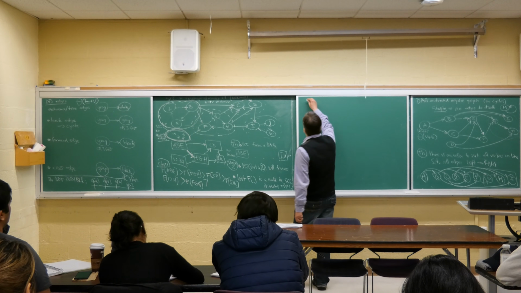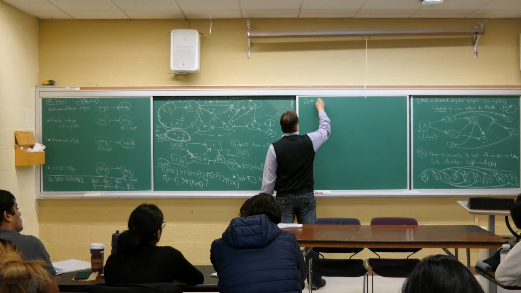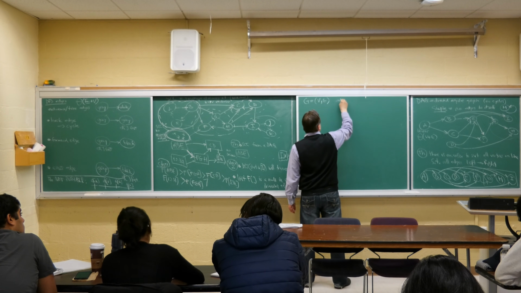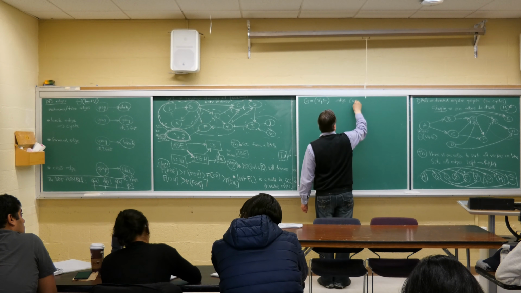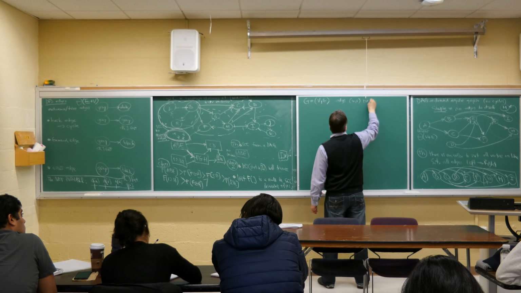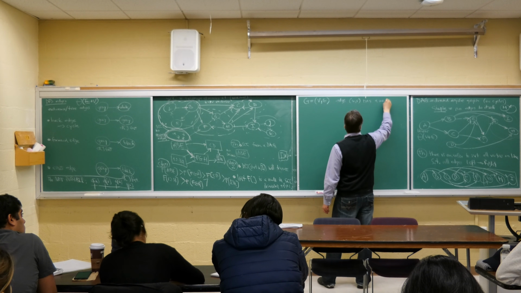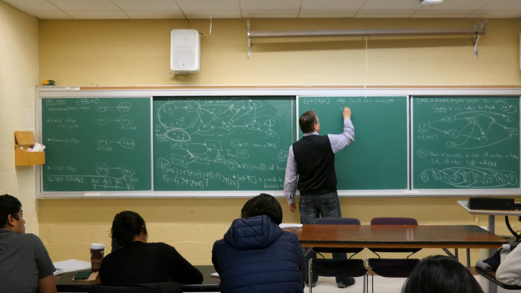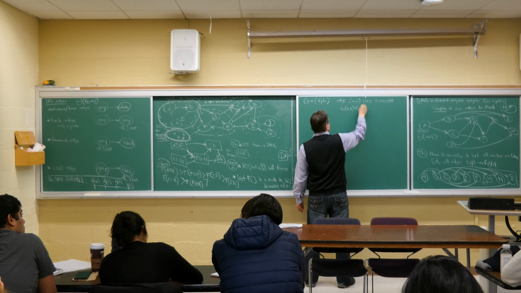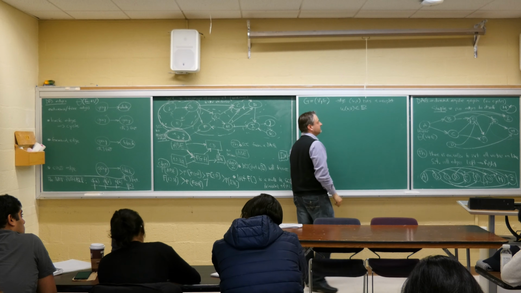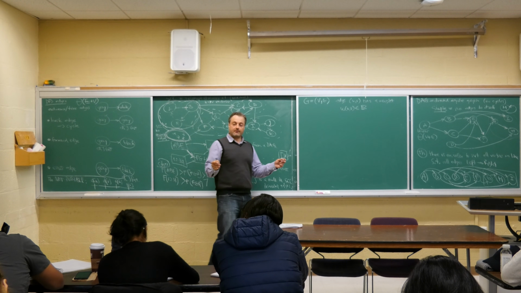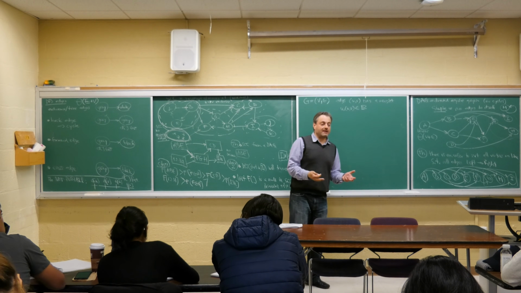We have graphs now that have V and E, but every edge UV has a weight. The weight on UV is a real number. So I don't just have connections like before, I also have some weight.